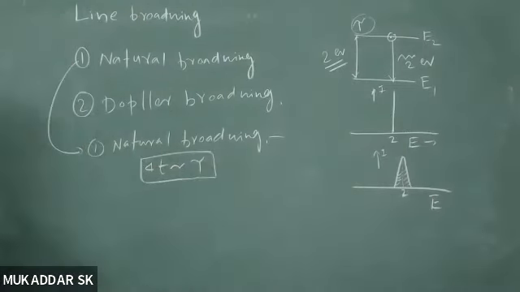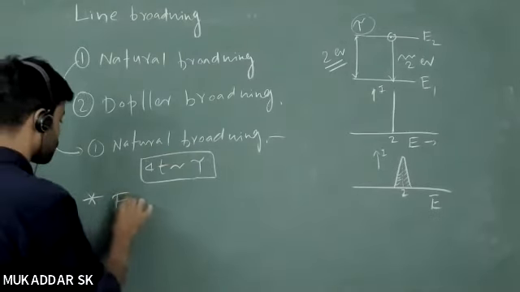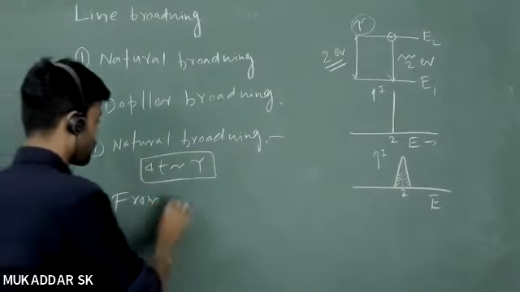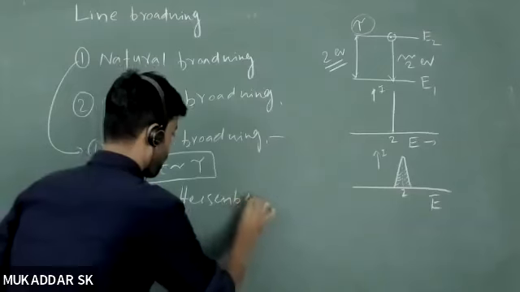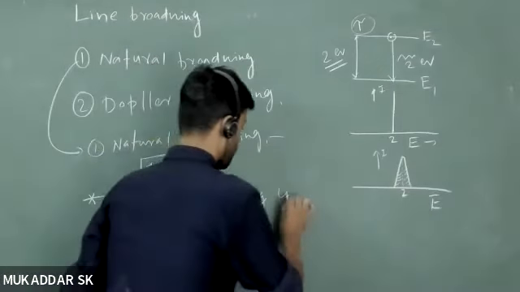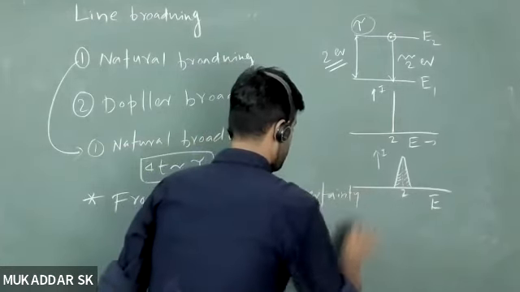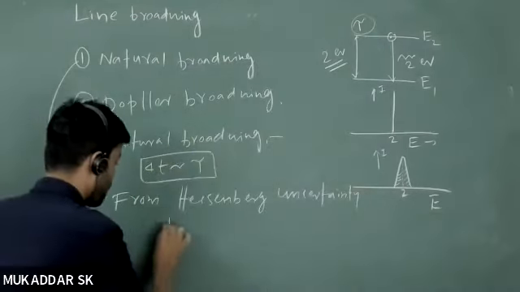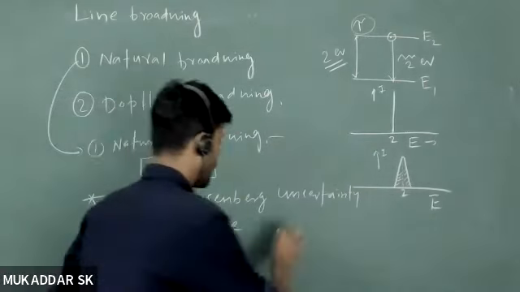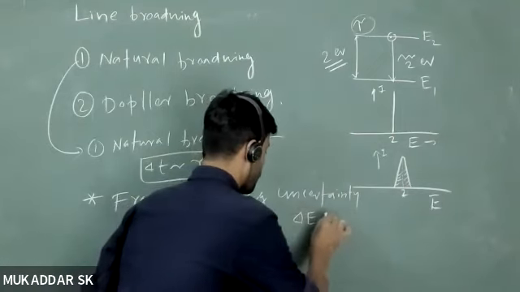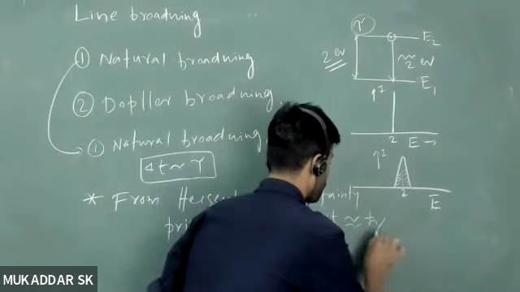And we know from the Heisenberg uncertainty principle, delta E into delta T will be h cross by 2.